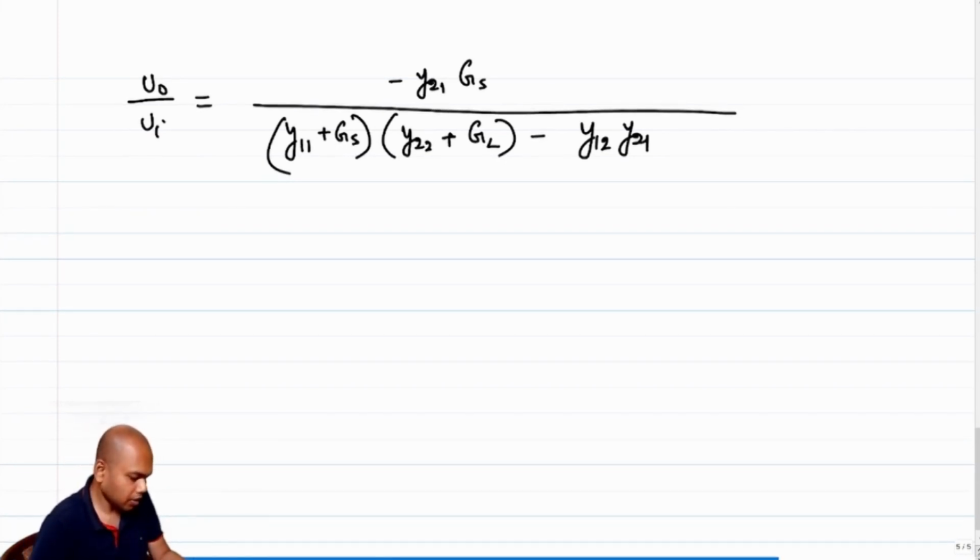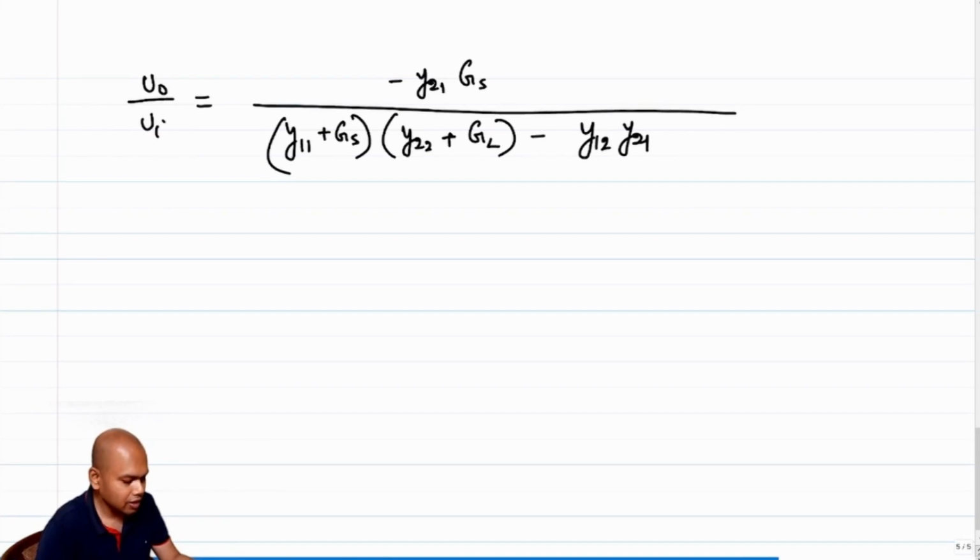Okay, so now what is our goal? Our goal is to maximize V naught over Vi. I want amplification. For a given Vi, if I can maximize V naught, and note that V naught is also across a resistor RL, I can maximize the power delivered to RL.